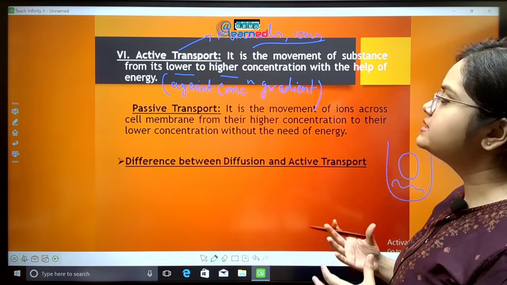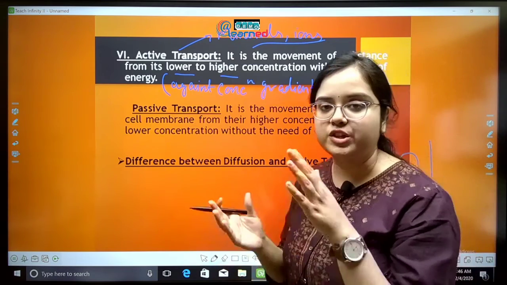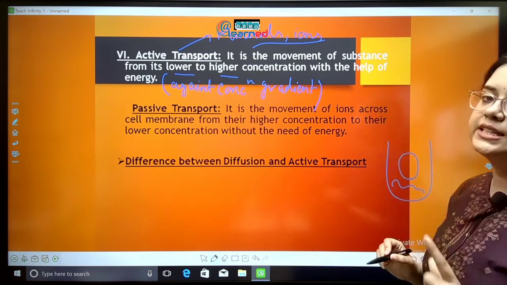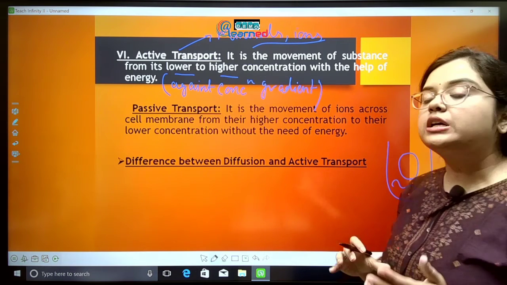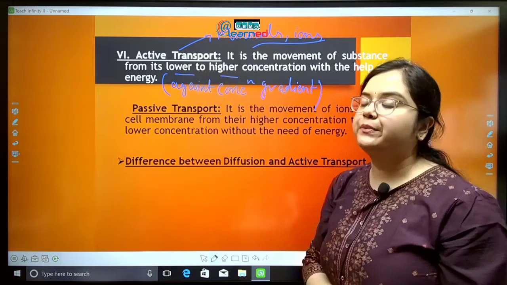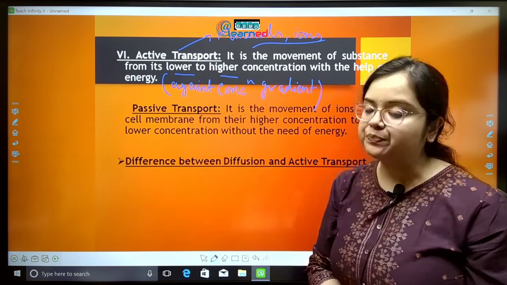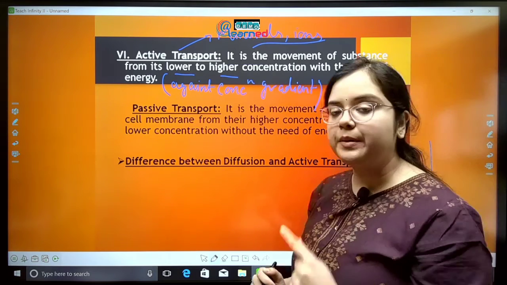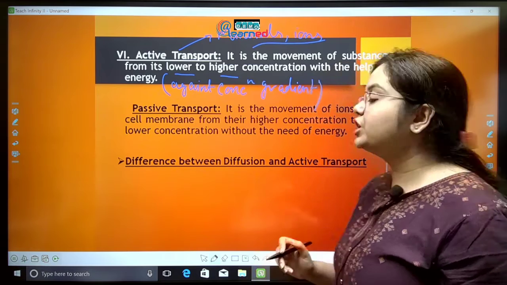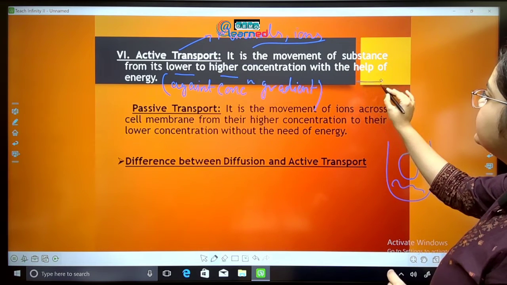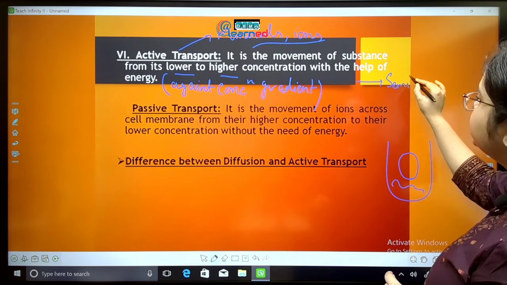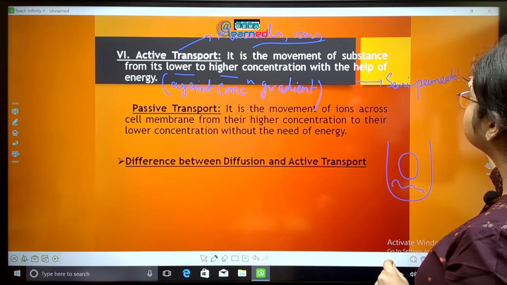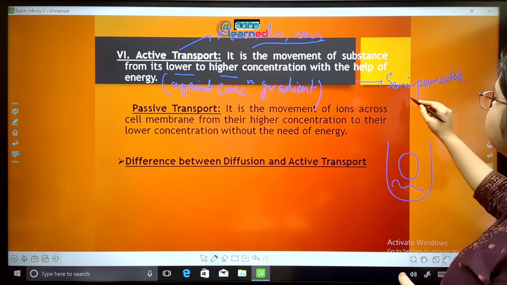The ions can move against the concentration gradient, and minerals in the soil are more concentrated, but they are also moving with the help of active transport. Talking about against the concentration gradient, that will also happen because of active transport. Across the membrane it will happen, and in the membrane you have certain proteins which are known as carrier proteins. So you need a semi-permeable or selectively permeable or living membrane for active transport to happen, and also you need membrane proteins.